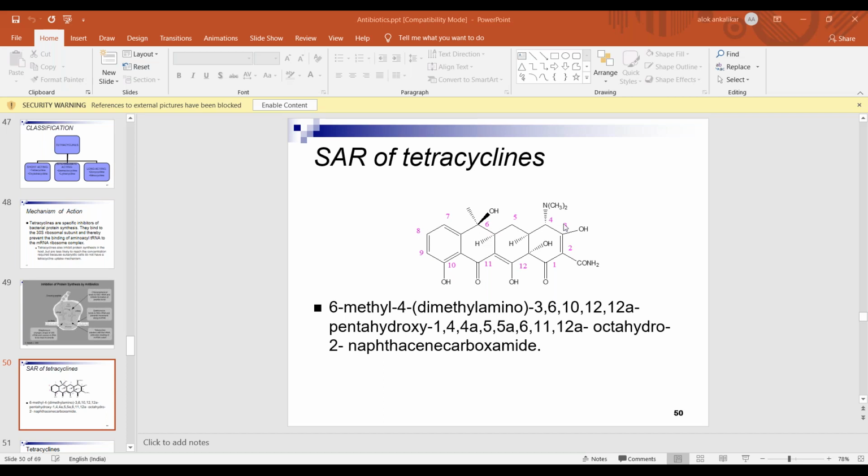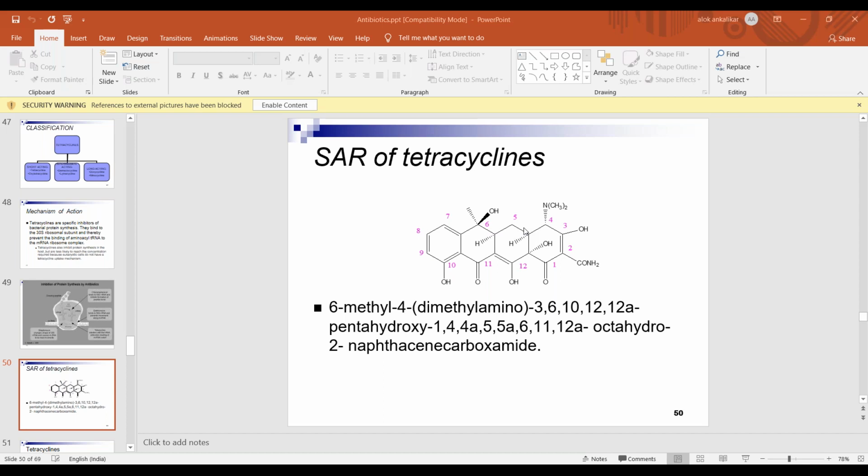Now it is mandatory that you maintain asymmetric carbon atoms at carbon C4, C4A and at C12A. So if you want to retain the antibiotic activity, then you need to maintain an asymmetric configuration of carbon C4, C4A and C12A.